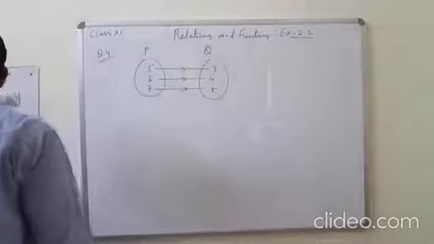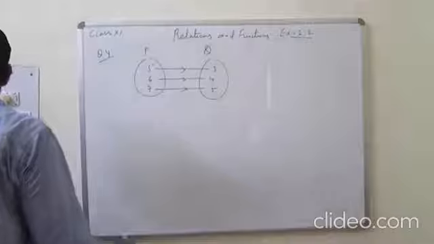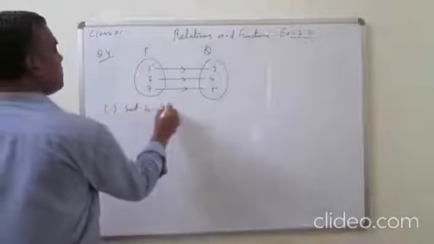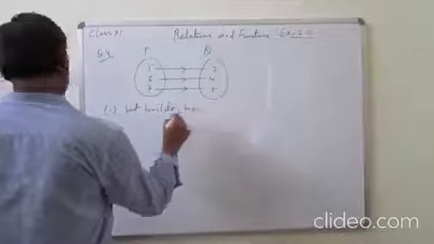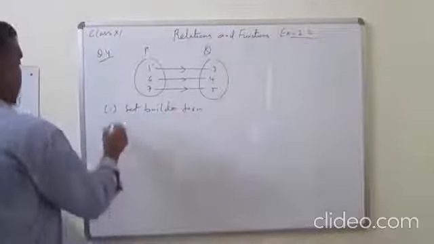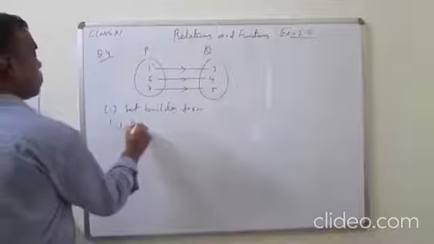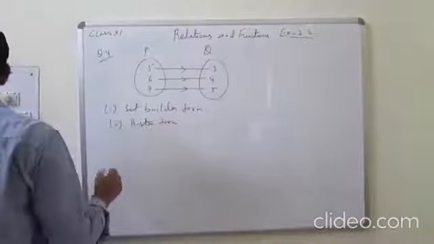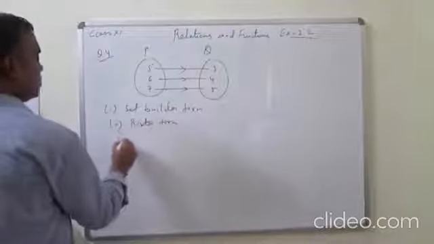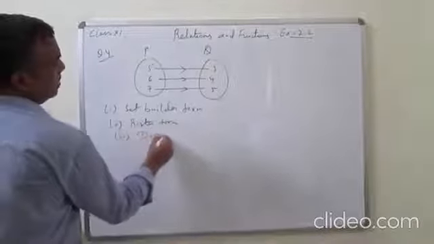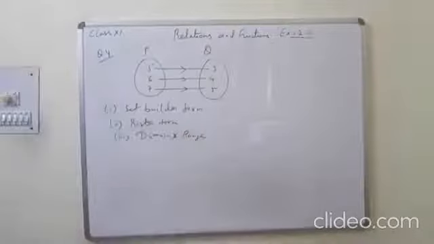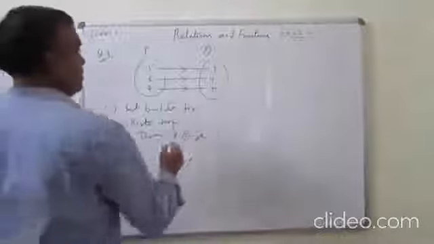This figure is given to you. Write this relation, first in set builder form, second in roster form, and find the domain and range.